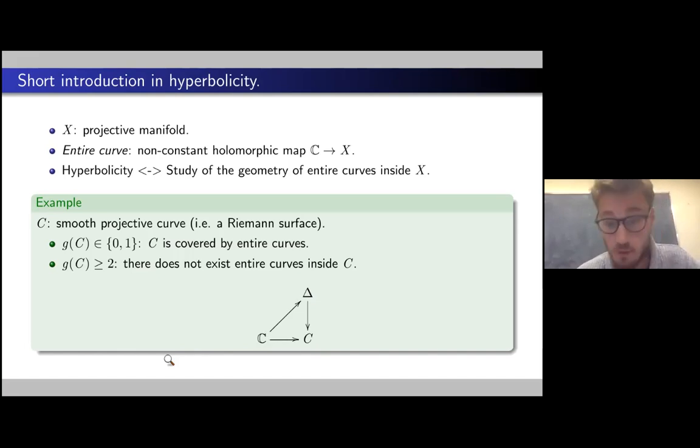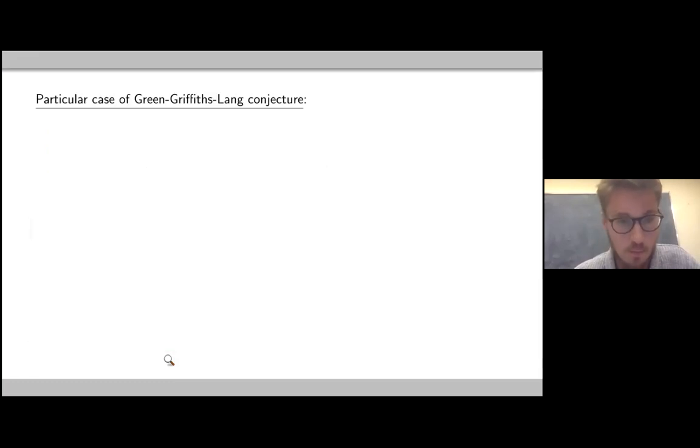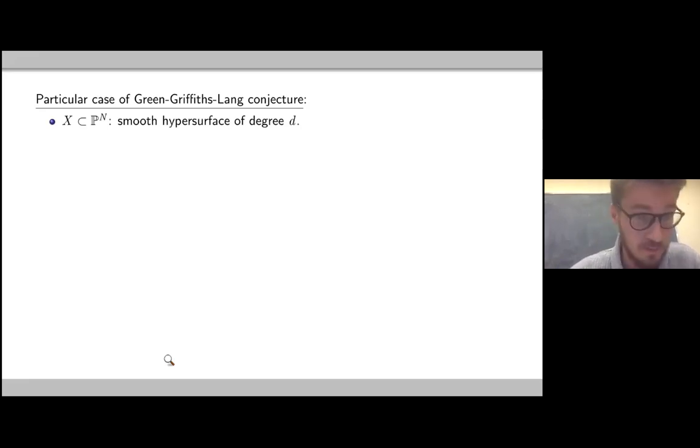And in greater generality, there are conjectures that predict what to expect with respect to the geometry of entire curves inside a projective manifold. So here we will just discuss a particular case of a conjecture of Green, Griffiths, and Lang. We take X inside the projective space of dimension n, a smooth hypersurface of degree d.